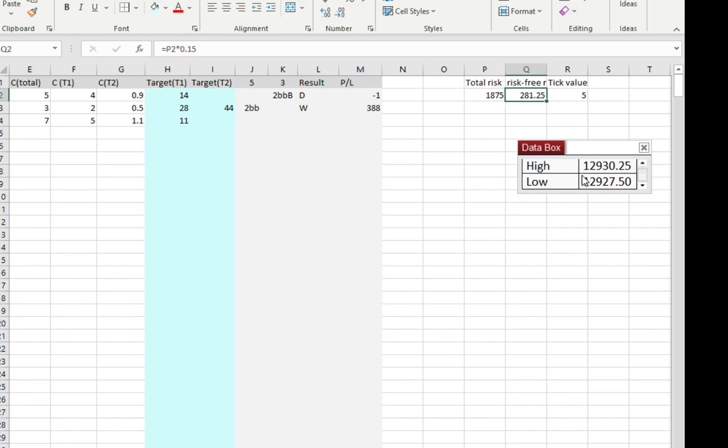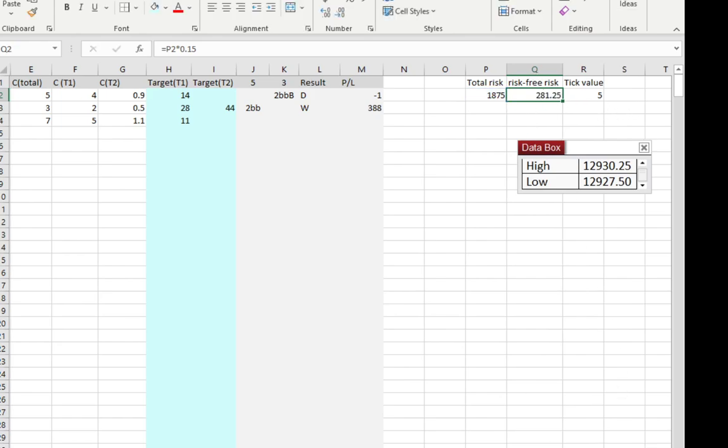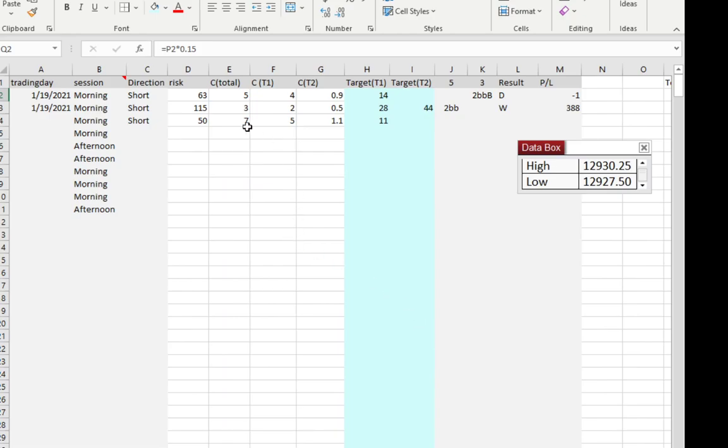And then my risk-free amount is 280, which is 15% of that, because I want my target one to be 15%. You'll understand this. Watch. So I enter in with 7 contracts. I get out of 5 contracts at target one, which is 11 ticks away.